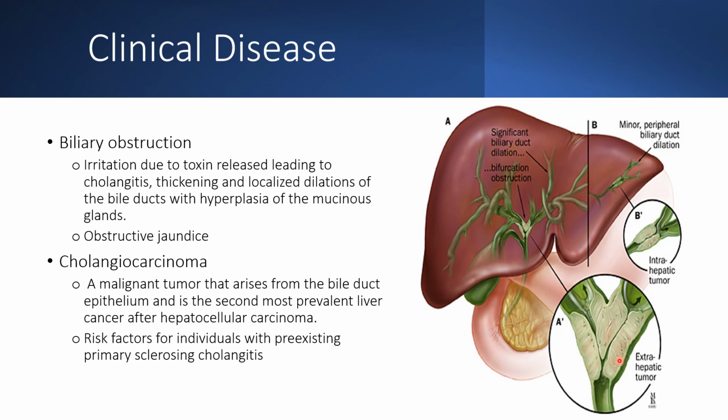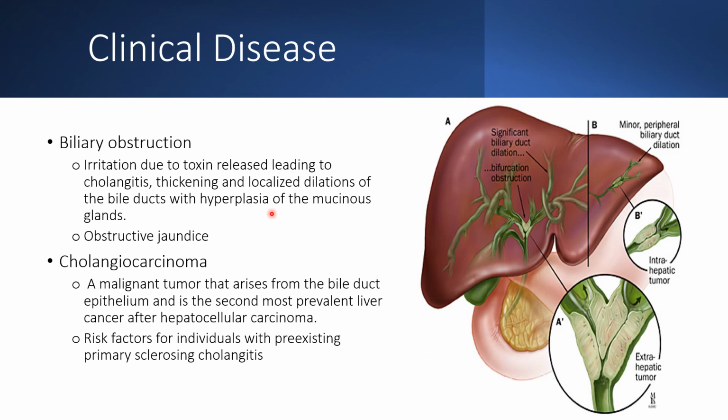That causes thickening and localized dilations of the bile duct with hyperplasia of the mucinous gland. Definitely the irritation will cause change in the tissue of our lining, which causes hyperplasia, and there will be fibrosis.